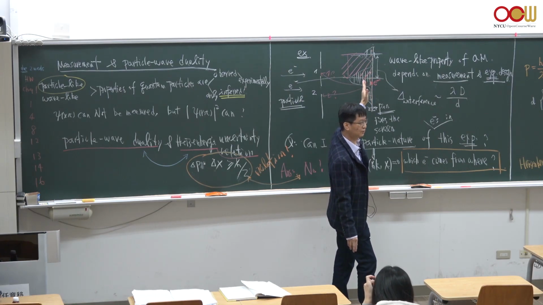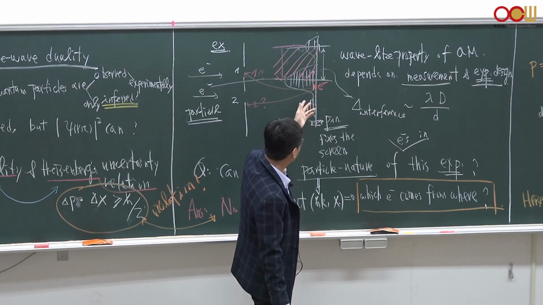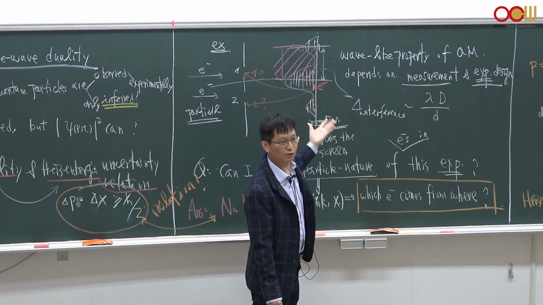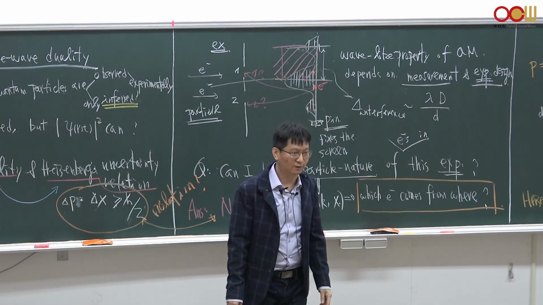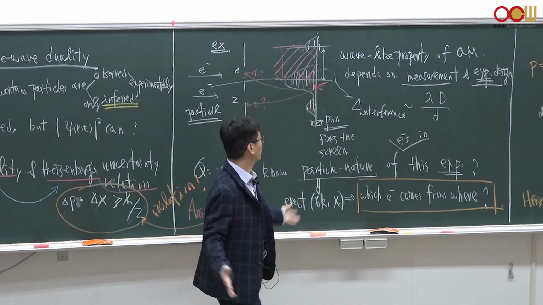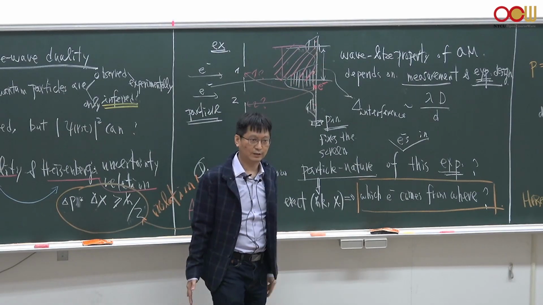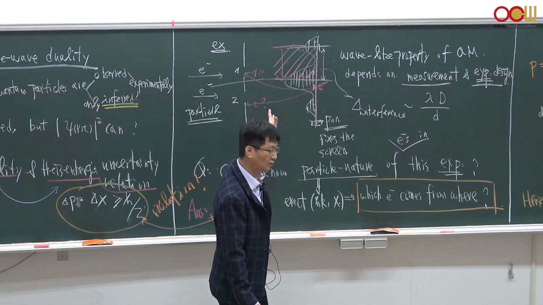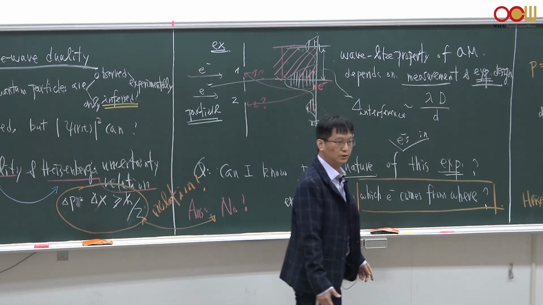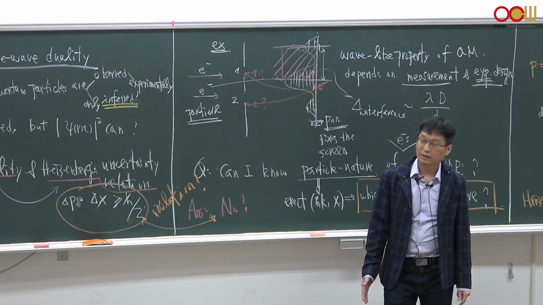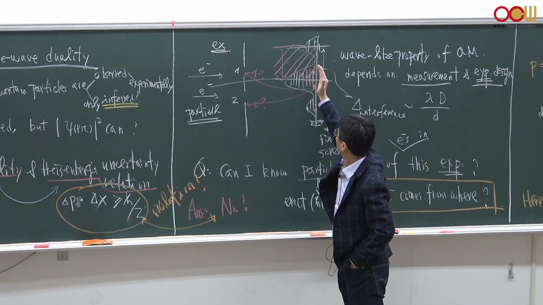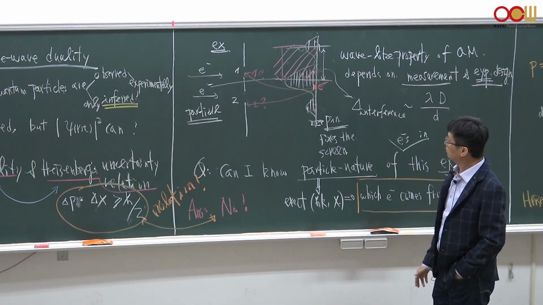If you really want to know the particle momentum and allow this screen to move, you don't see the wave properties anymore. The wave property is gone, okay? Because you totally smear out this interference pattern, because you have no good enough resolution to see it anymore. And therefore, if you really want to see the wave-like properties, you use this specially designed equipment.